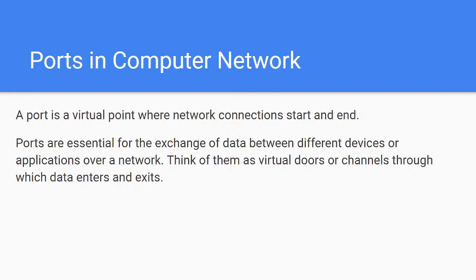So you can think of ports as virtual doors or channels through which data enter and exit. As the name implies, what's a port? If you think about normal ports like ship ports and the rest, just know that things come in and go out, right? So just think of ports in a computer network as virtual doors or channels through which data can enter and exit.